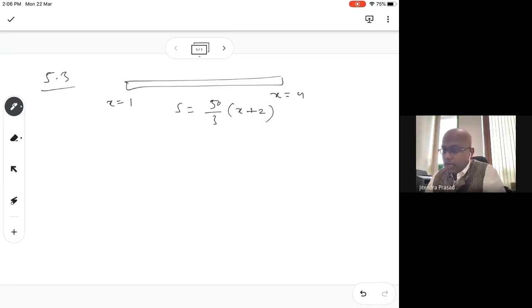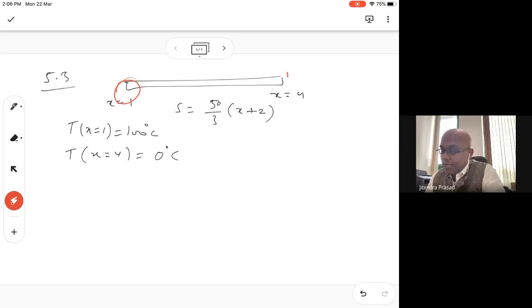And this is a heat conduction problem. So T at x equal to 1 is equal to 100 degrees Celsius, and T at x equal to 4 is equal to 0 degrees Celsius. So what you see here and here, there is no force given, and of course not given because you are giving the temperature, hence force is not given, right? That's what you are telling.